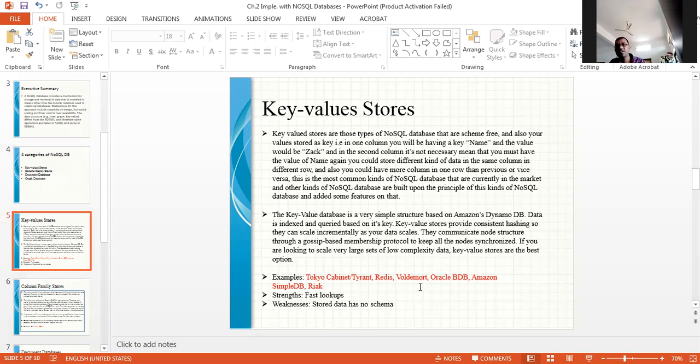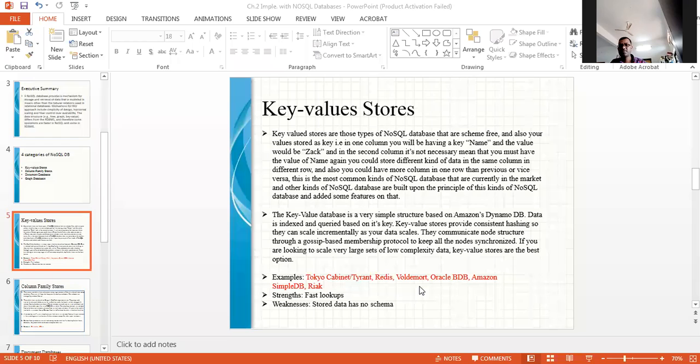Since the key is always used to access the data, generally they have great performance and can be easily scaled. So for that purpose, there are a few popular key value databases. As I have told you before, that's Riak, an option that refers to data structure servers.